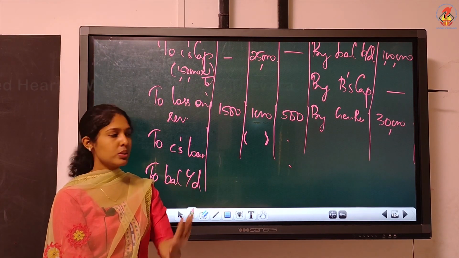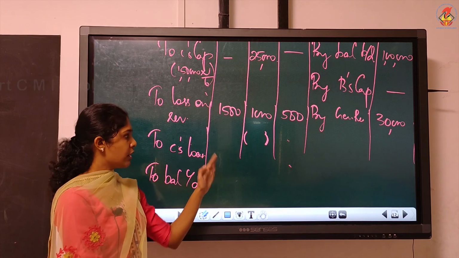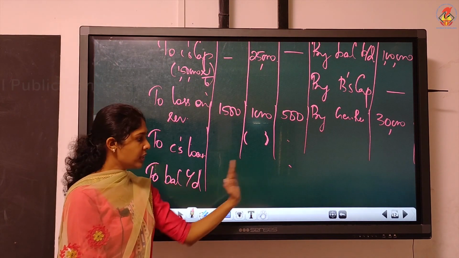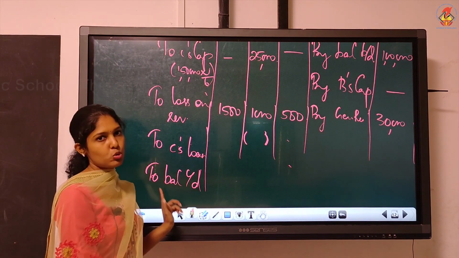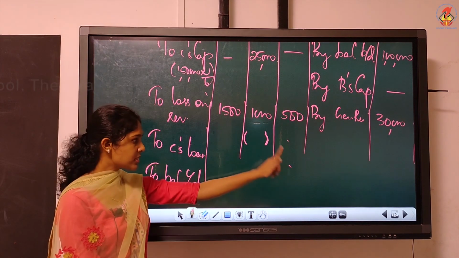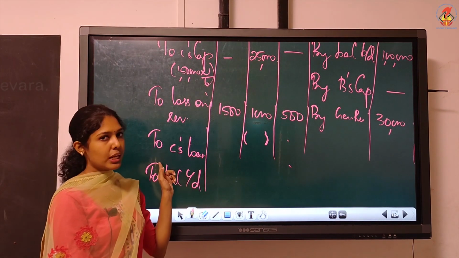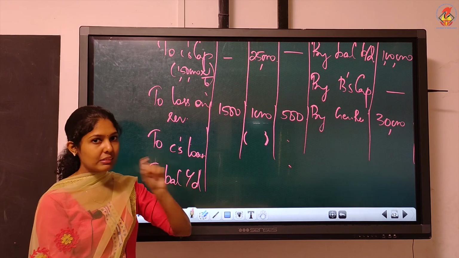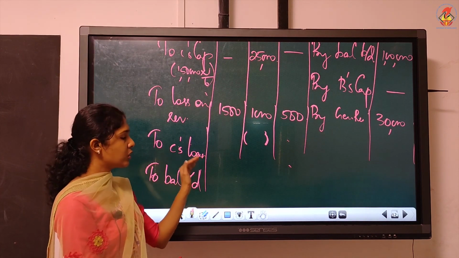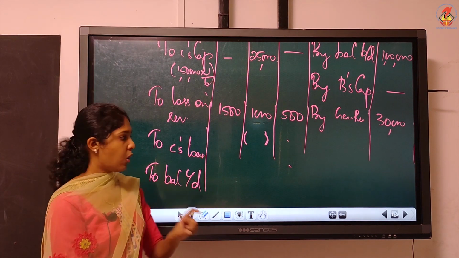So what you have to do is compute the balancing figures for A and for B. The other 2 partners you write as usual to balance carried out. For partner C, for the retiring partner, you transfer it to his loan account. If nothing is mentioned, always transfer to retiring partner's loan account.